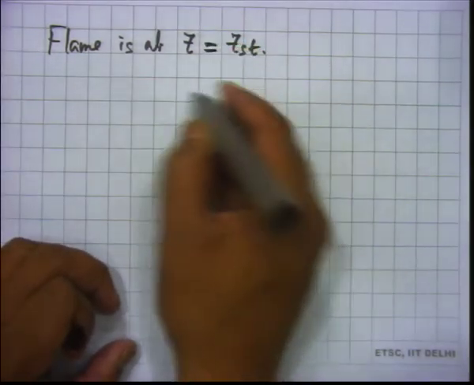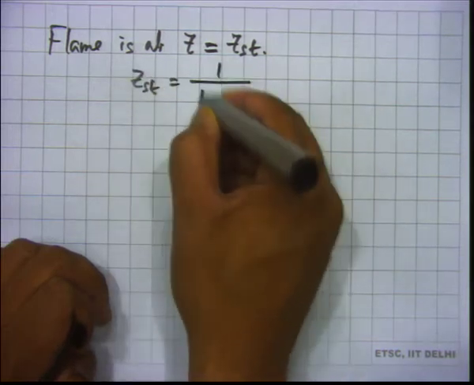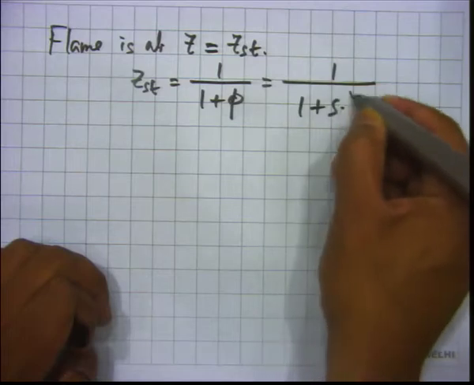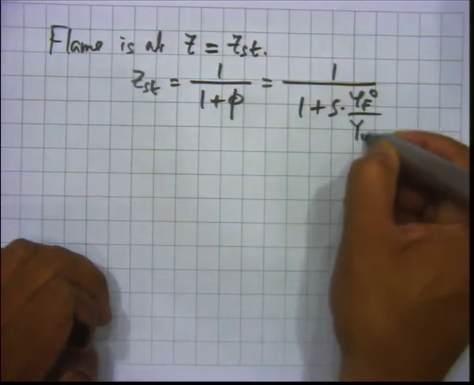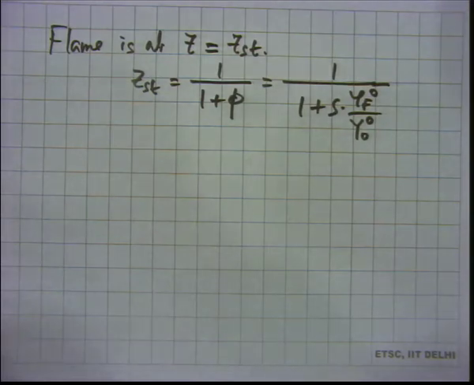And zst is equal to 1 over 1 plus phi, which is 1 plus s YF naught divided by YO naught. YF naught and YO naught are the values of fuel mass fraction and oxidizer mass fraction in the respective streams. Remember that we have a fuel stream and an oxidizer stream. In the fuel stream, the fuel mass fraction is YF naught. In the oxidizer stream, the oxidizer mass fraction is YO naught.